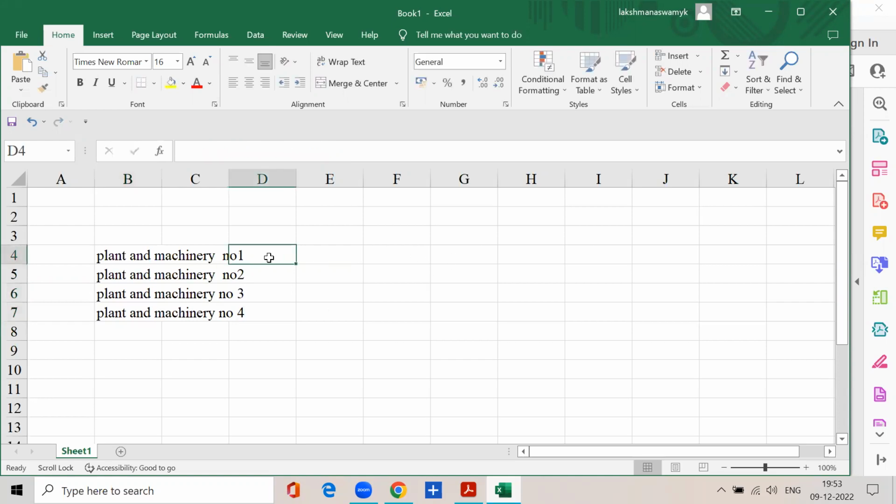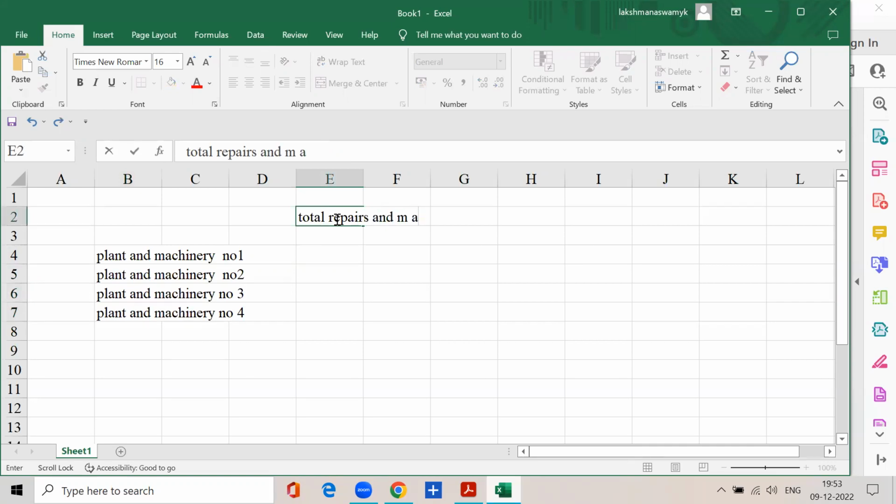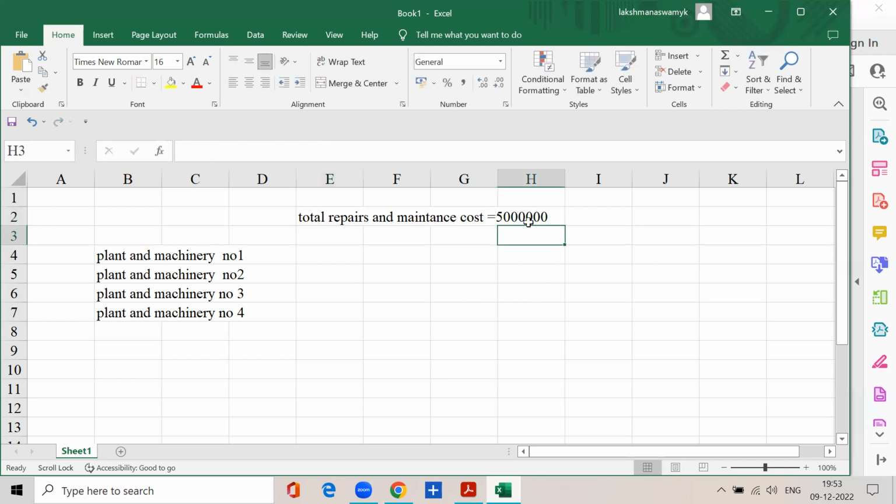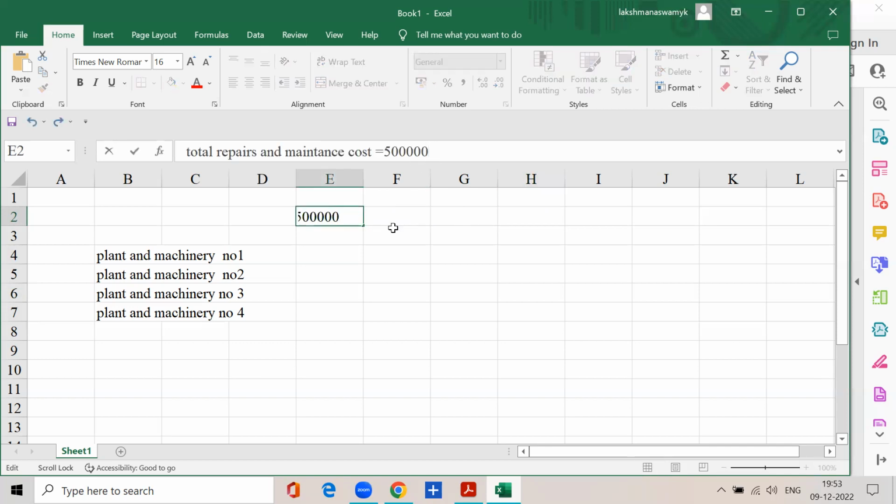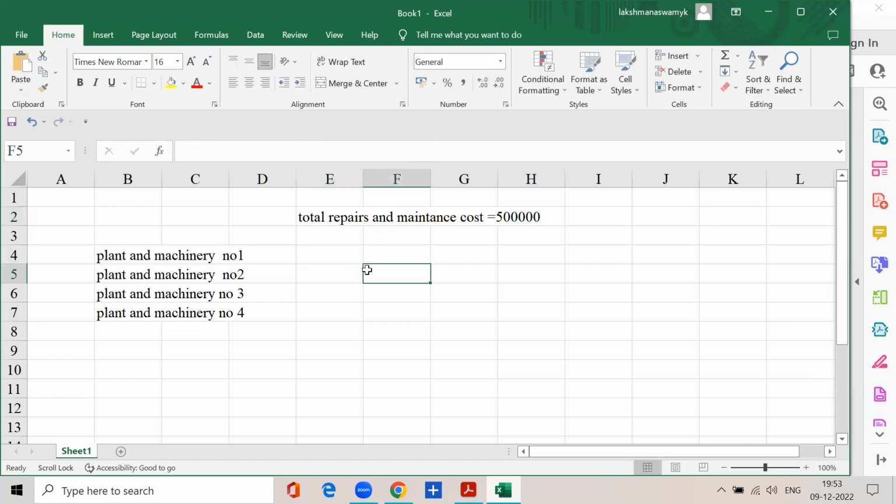So we are having four plant and machineries. This month, total repairs and maintenance cost is 5 lakhs. So we have incurred this 5 lakhs in total on repairs and maintenance.